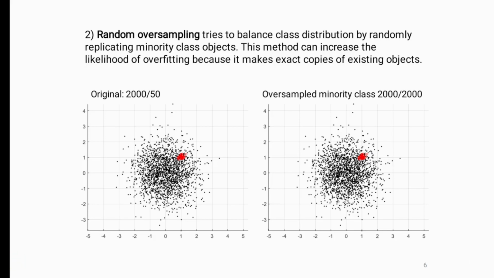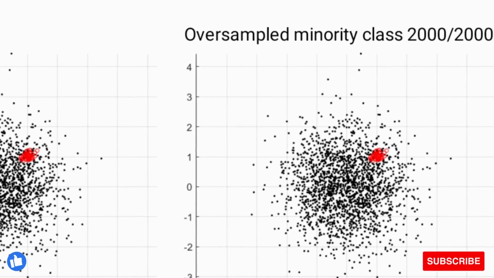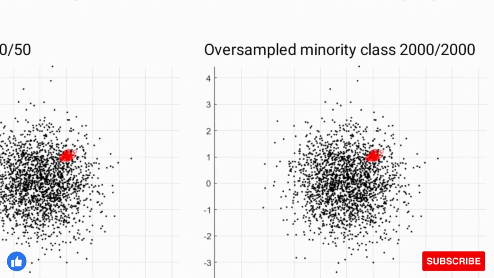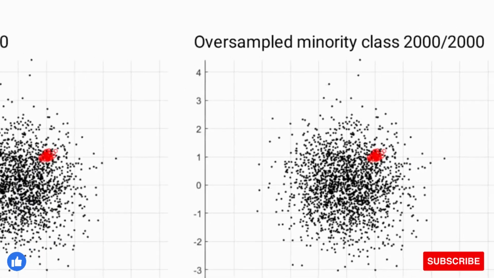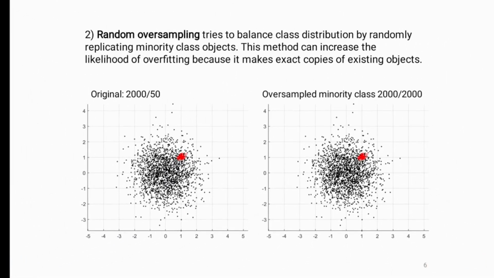We've got more copies of the same data. So if I actually zoomed in on this part of the picture, we'd see that the dots are in exactly the same place. They're just thicker because it's the same data being plotted on top of each other over and over again. Now, what does this do? Well, we've got more data in exactly the same position for the smaller class.